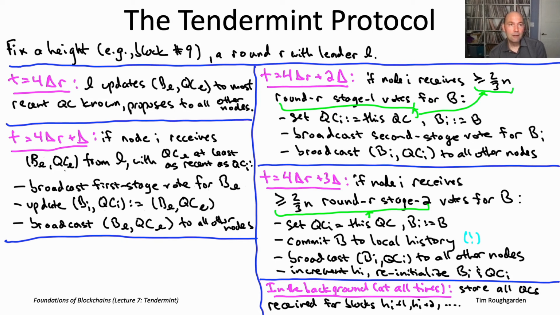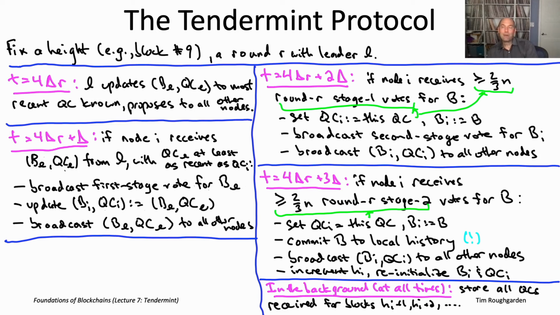The first reason why a node might dip into its back pocket is in the first phase of a round, if it's the leader. Imagine you're node number 18, let's say. There's 100 nodes total. Imagine you're working on block number 9 in round 117, and imagine you actually succeed in round 117. In the fourth phase, you actually commit to block number 9. You're like, cool, I'm going to start round 118 working on the next block number 10.